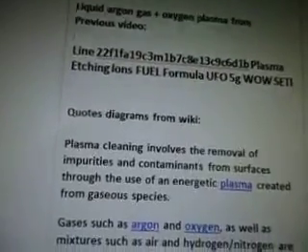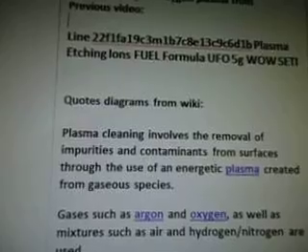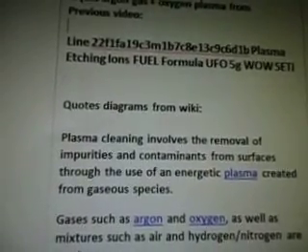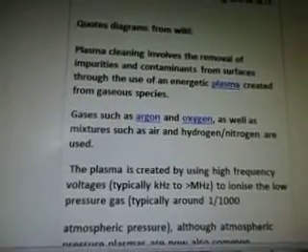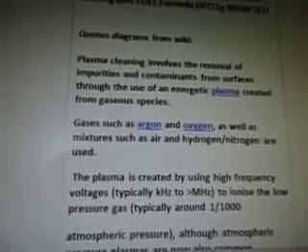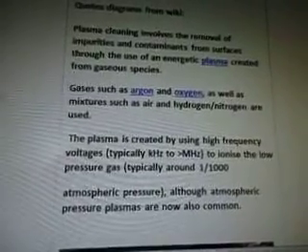Line 22f1fa19c3m1b7c8e13c9c6d2, plasma etching ions, fuel formula, UFO 5G Wow Seti. Quotes and diagrams from Wiki. Plasma cleaning involves the removal of impurities and contaminants from surfaces through the use of an energetic plasma created from gaseous species.